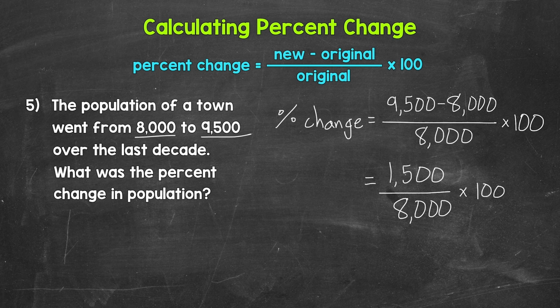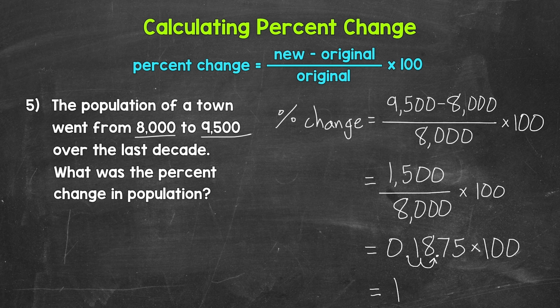So now we divide 1,500 divided by 8,000 gives us 0.1875. So 1,875 10,000ths. So that's our decimal, and we need to multiply that decimal by 100 in order to convert it to a percent. And remember, a quick way to multiply by 100 is to move the decimal twice to the right. So once, twice, the decimal is now in between the 8 and the 7.